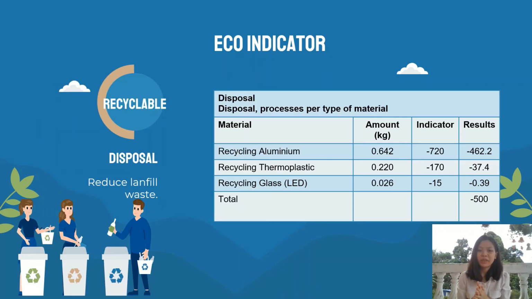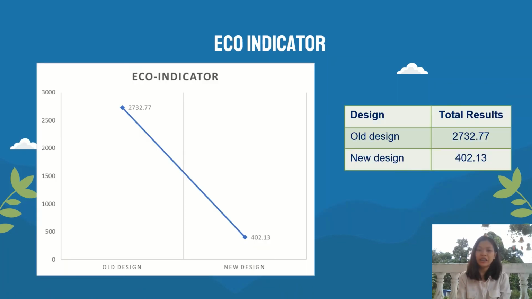For our disposal, most of our parts are recyclable, and this will reduce our landfill waste. So for the eco indicator, after we compare between the old design and new design, we can clearly see the difference for the designs. I will pass the presentation to SYAFIQ.